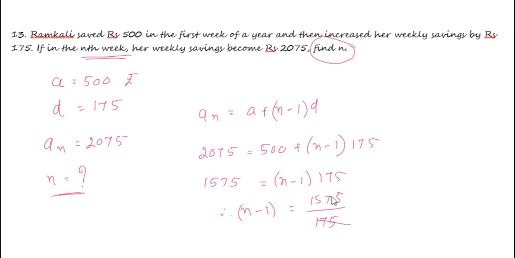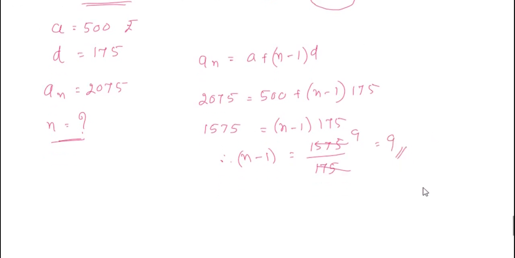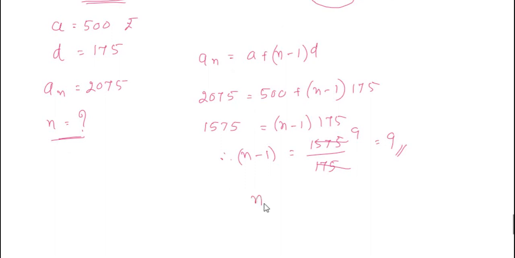So this is 9 times. N minus 1 equal to 9. Therefore n equal to 10. So in the 10th week, her weekly savings becomes 2075.